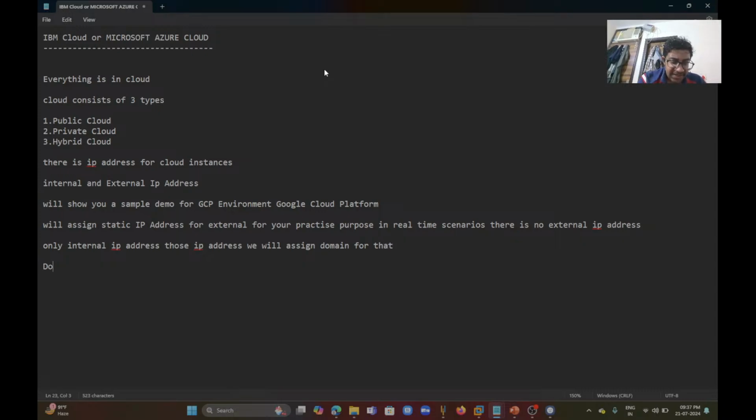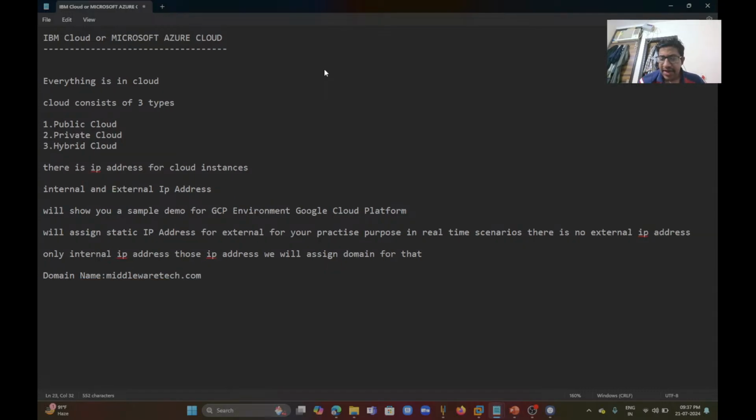So my domain name is middlewaretech.com. Recently I bought the domain. Okay, and I assigned the IP address to the particular domain.